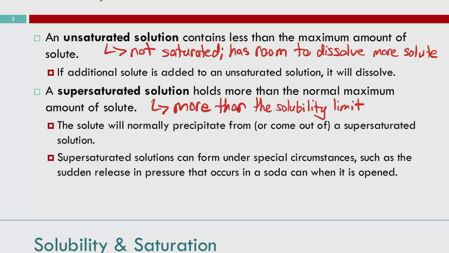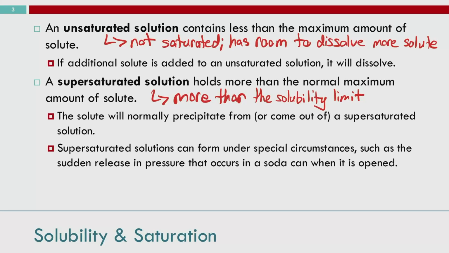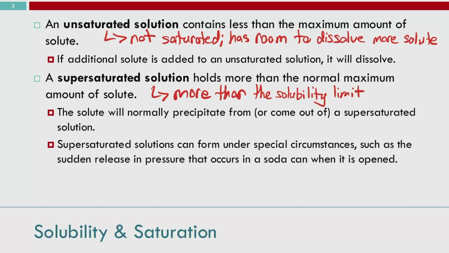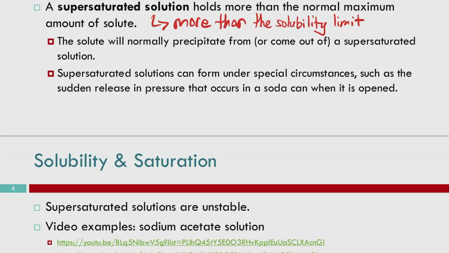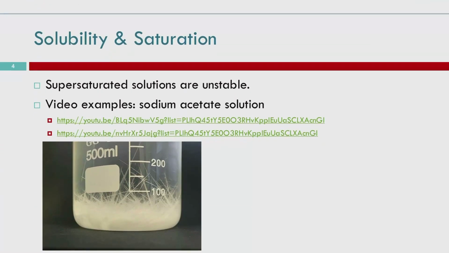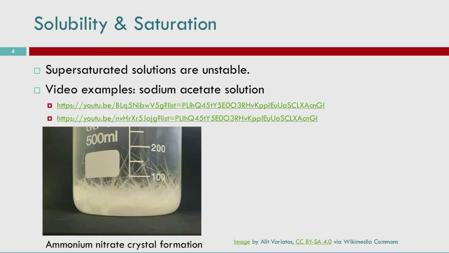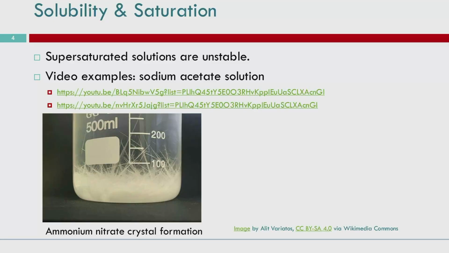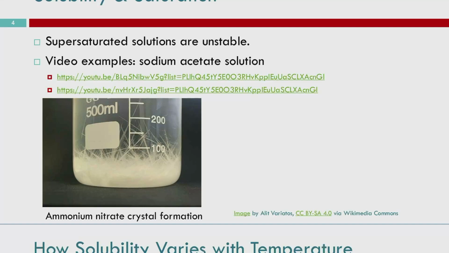And so carbon dioxide, CO2 gas, bubbles out of soda when you open it up because we've dropped the pressure and changed the circumstances. There's some video link examples here that I can't show you because I think it'll crash the presentation. But supersaturated solutions are unstable, and sodium acetate or ammonium nitrate can form fun, very rapid, sometimes jagged crystals from a supersaturated solution.